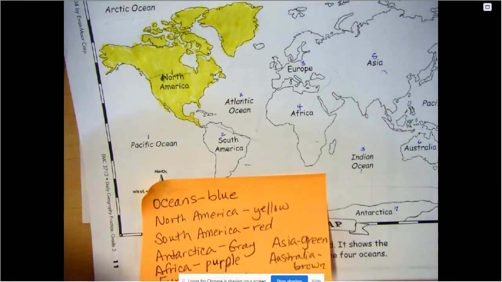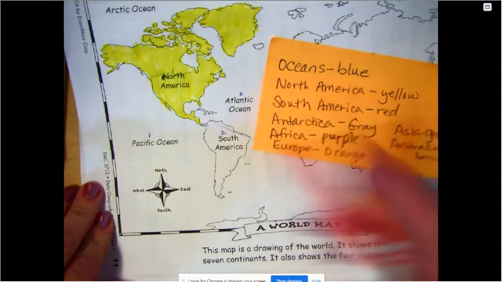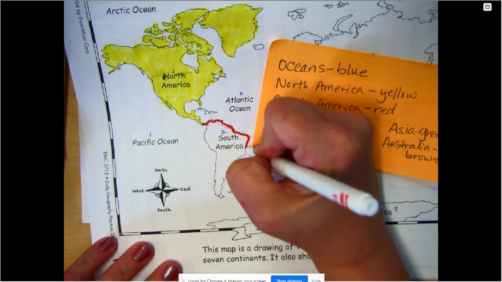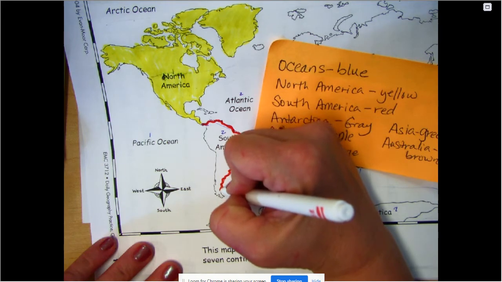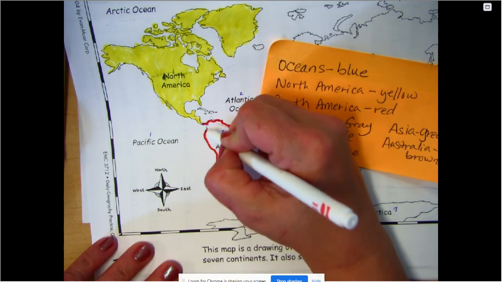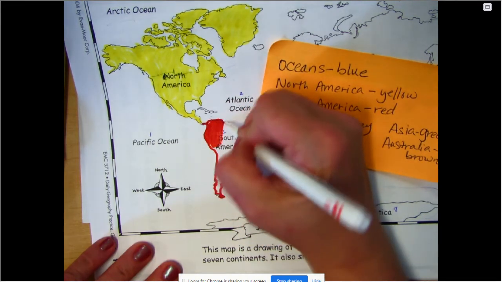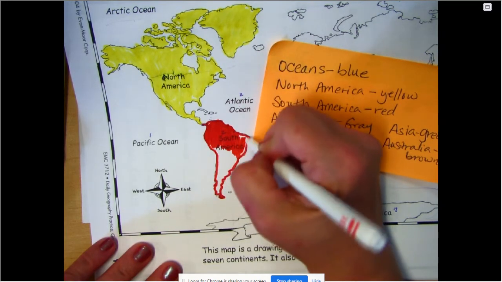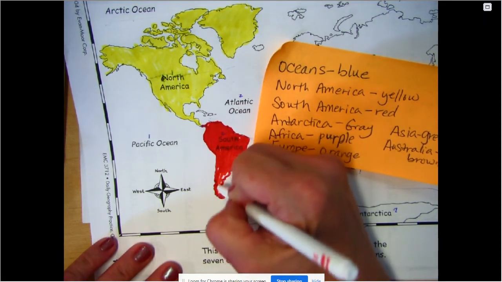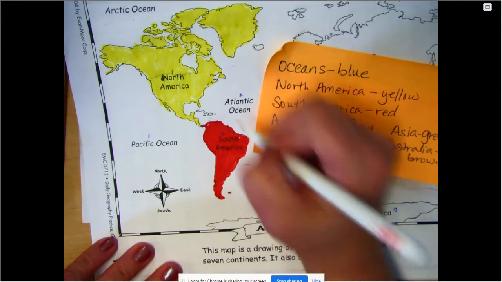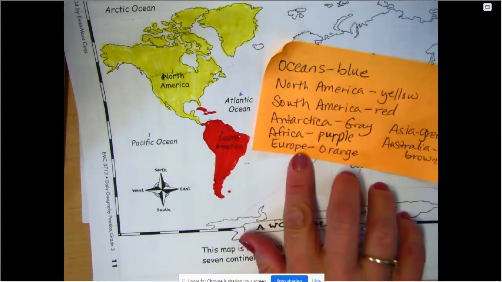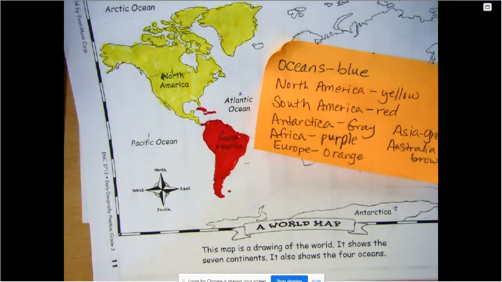Okay, South America is red. Says that Antarctica is gray.